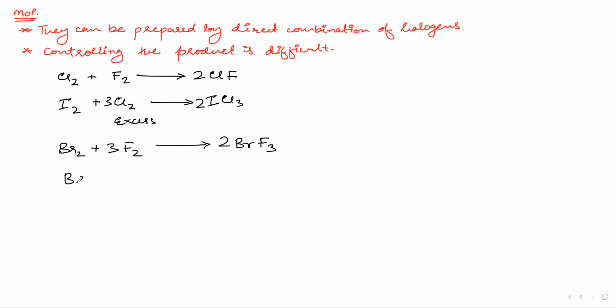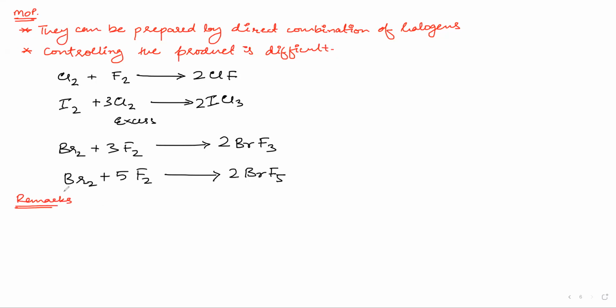Now if they have given you Br2 plus 5F2, again they have given you stoichiometry, so you can easily write 2BrF5, correct? So when the stoichiometry is given, it is not very difficult, you can easily make this product. While you are writing the method of preparation, just in the next line, we will write some remarks.